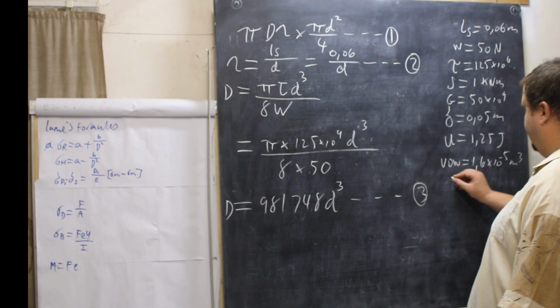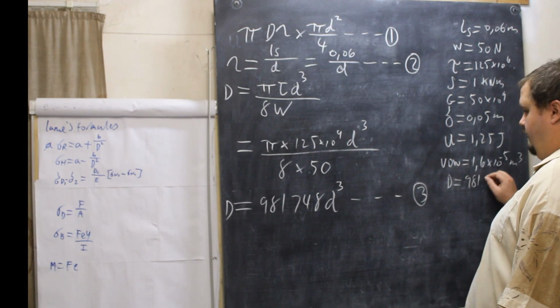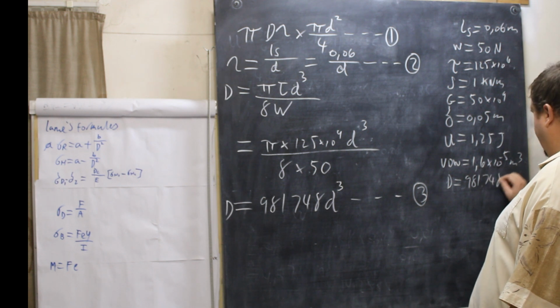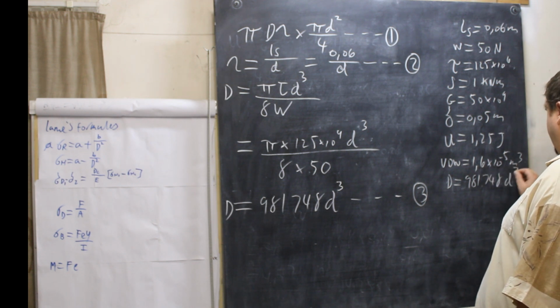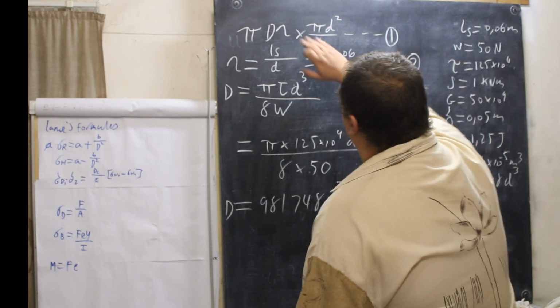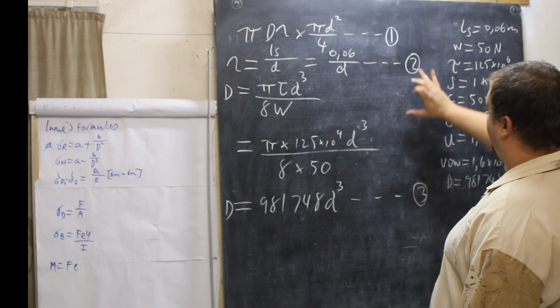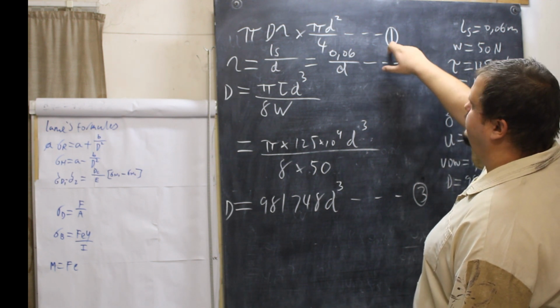So we take D equals 981,748 d cubed. Now we put all that into our first equation. We take equation 3 and equation 2 and sub it into equation 1.